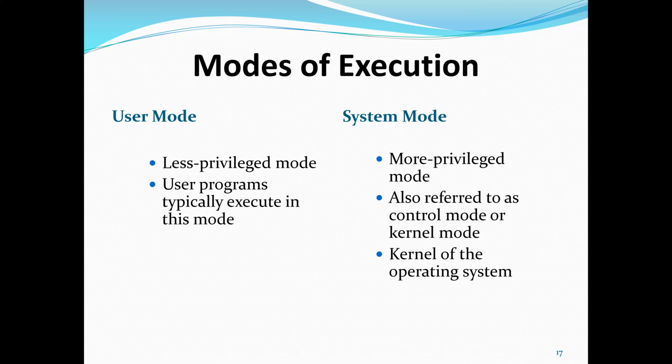As we said, most processors support at least two modes of execution, either the user mode or the system mode. Certain instructions can only be executed in the more privileged mode, which is the system mode. This includes reading or altering a control structure, such as the program status word, primitive I/O instructions, and instructions that are related to main memory.